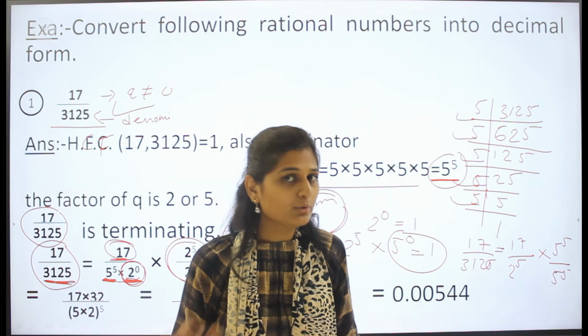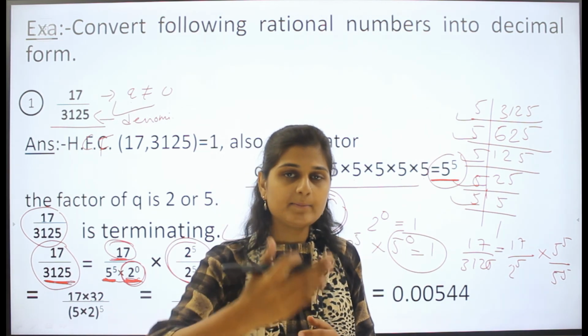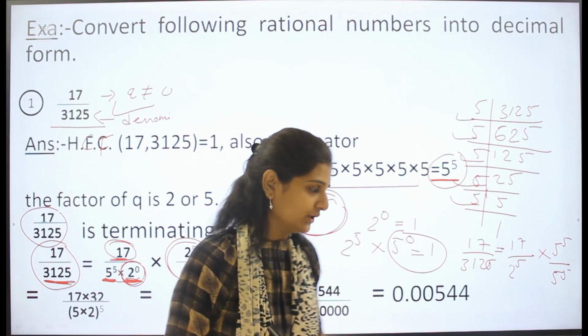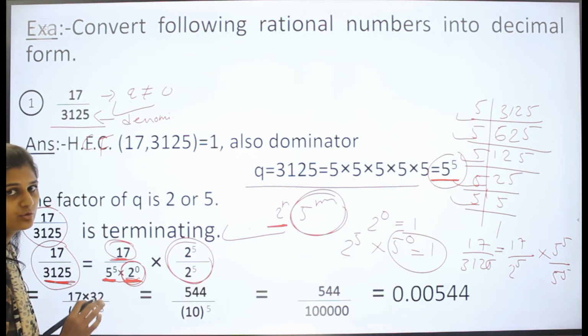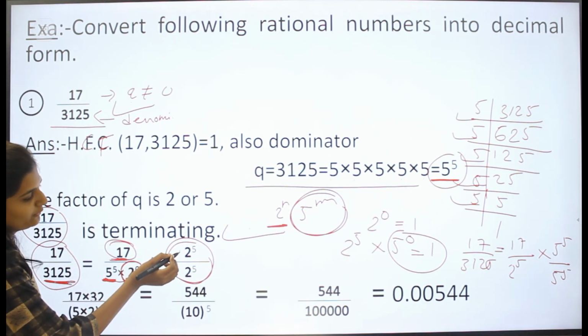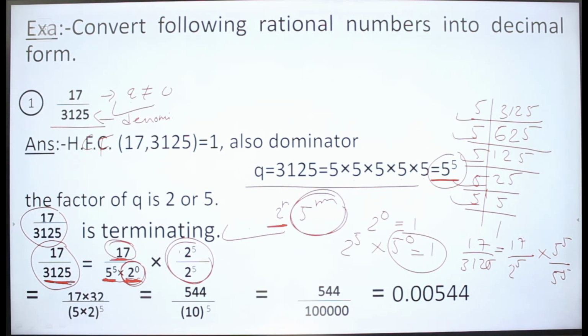You cannot only multiply and you cannot only divide. You have to multiply and divide both. So here I have 5 raised to 5, but I don't have 2 raised to 5. So I have multiplied by 2 raised to 5 and divided by 2 raised to 5.